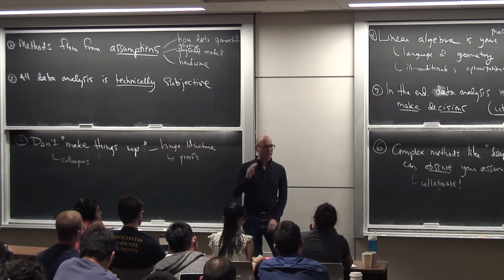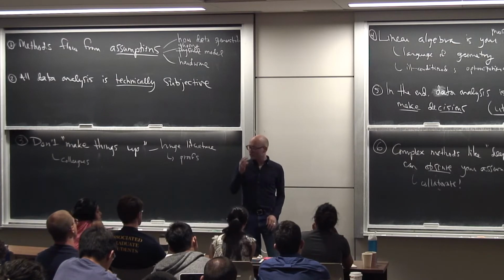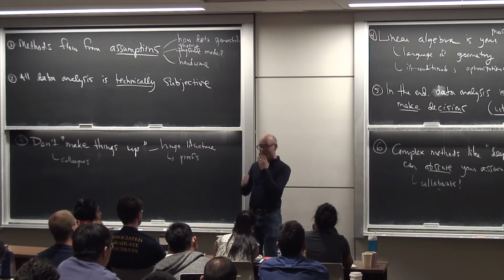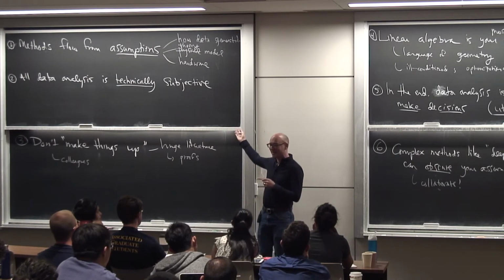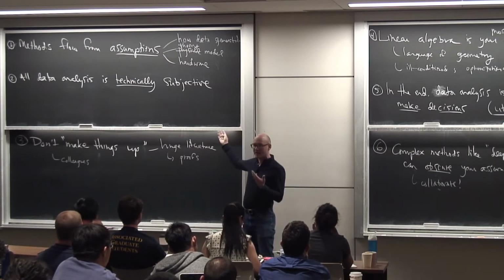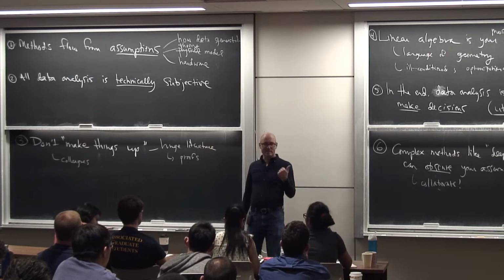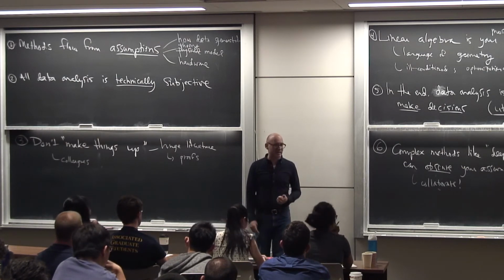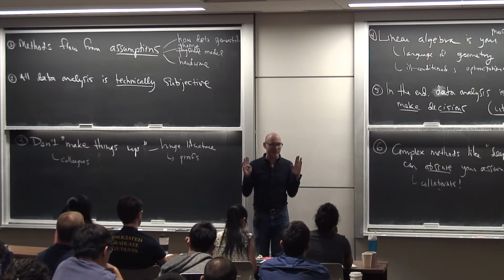So a lot of the question of where you draw the line of what you put in and what you don't depends on what your goals are. Once again, we're back to subjectivity. Some people look at the LHC data and ask, what's the mass of the Higgs? Those people are going to put in all of their standard model assumptions. Other people are going to look at the Higgs data and say, oh my God, there might be a dark matter candidate in there.